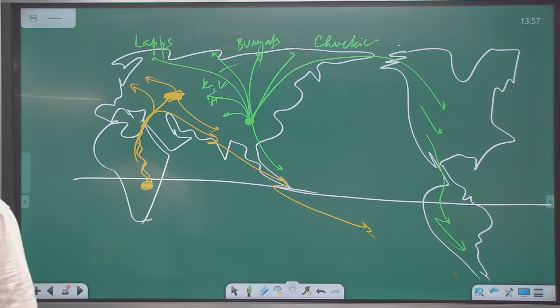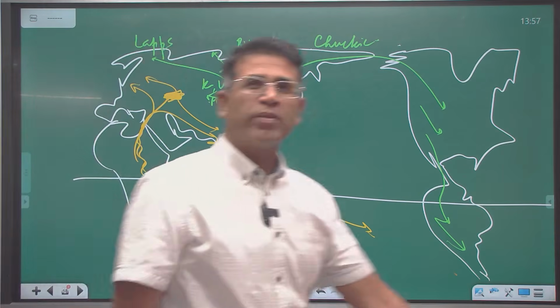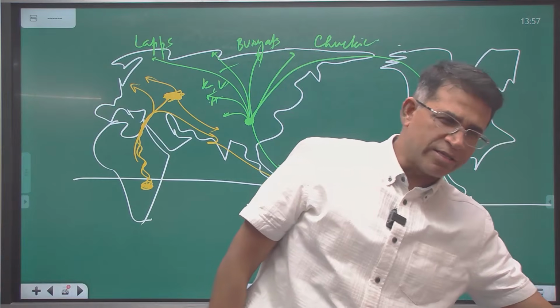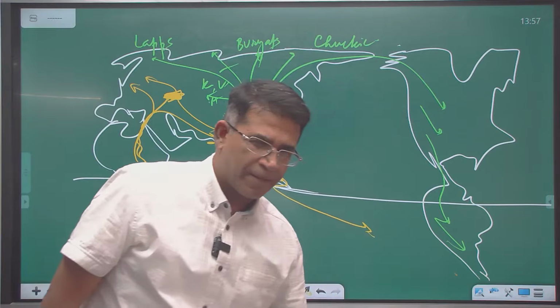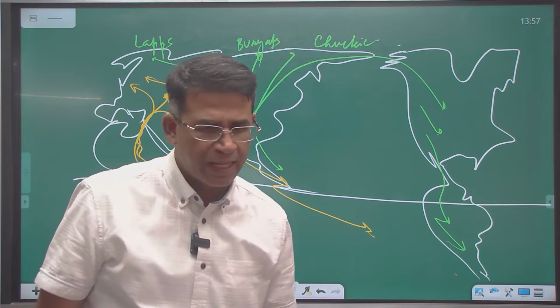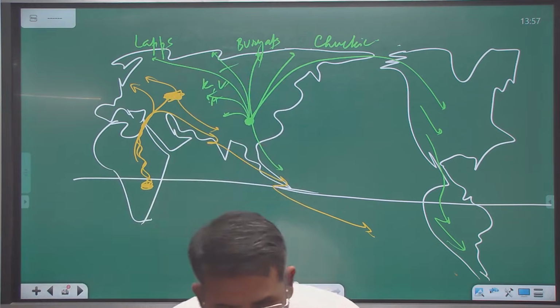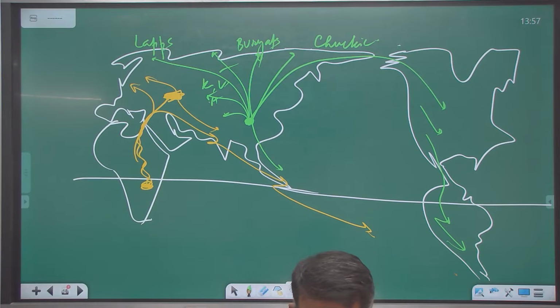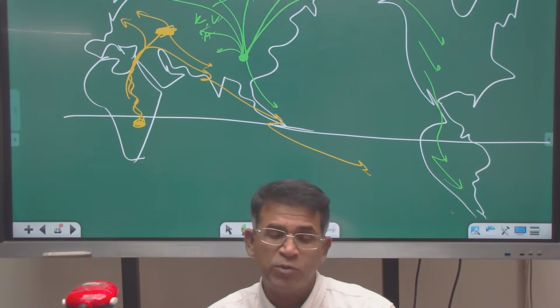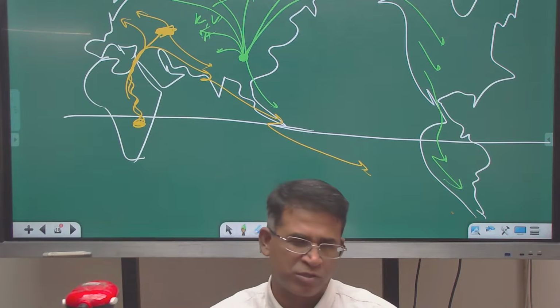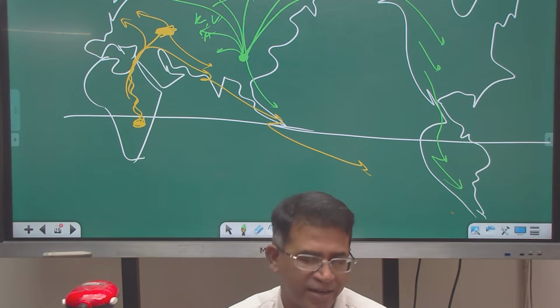Mongoloid races are spread across continents. They make up, number one, the tribes of Arctic coasts or tundra land.